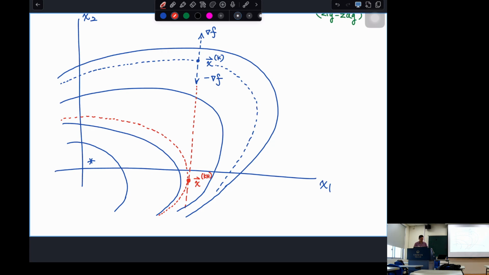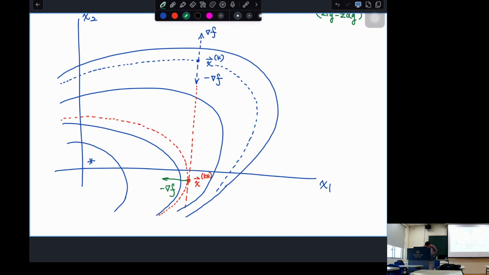And then from xk plus 1, if you do the gradient analysis, you will then realize the gradient direction is always perpendicular to the function contour. So it's gonna be this direction. This is negative gradient.